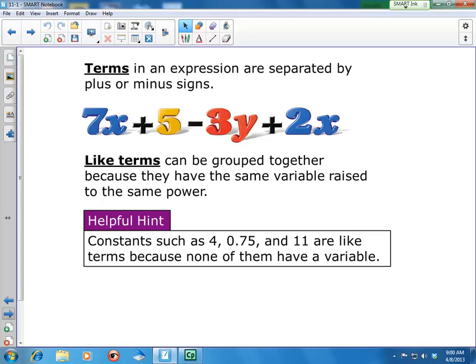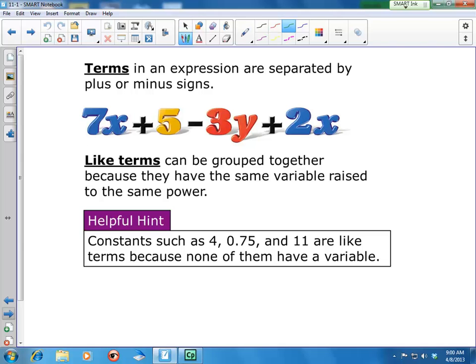It says constants such as 4.75 and 11 are like terms because none of them have a variable. That means if you just have a regular number with no letter attached to it, those would be considered like terms.